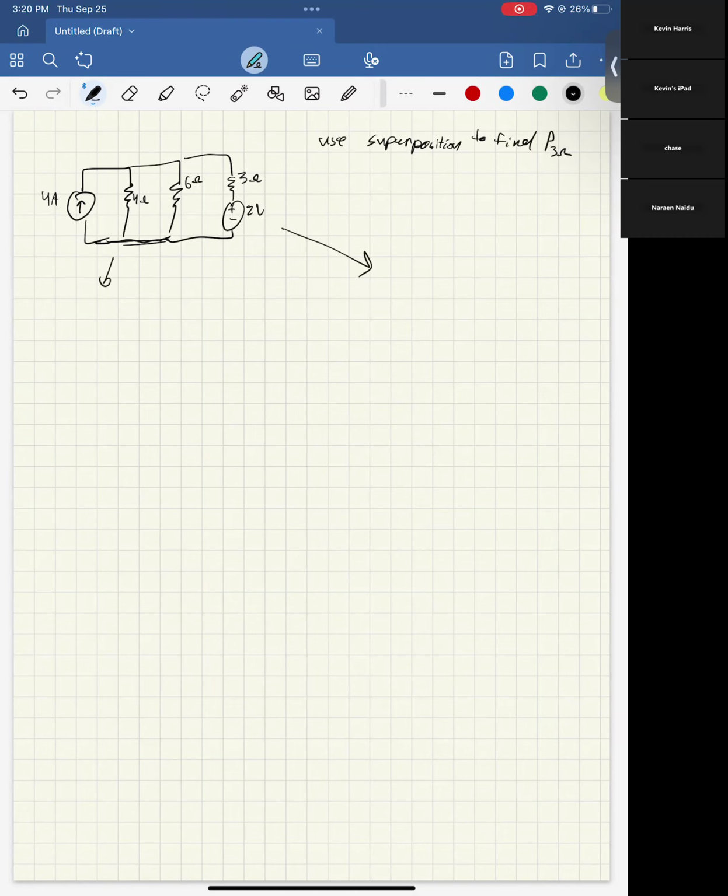We'll split it into 2 different versions of the circuit. For the first one, I'll do the current source being open. So we have an open terminal here, resistor, resistor, resistor, voltage source, and then all of these get connected down on the bottom.